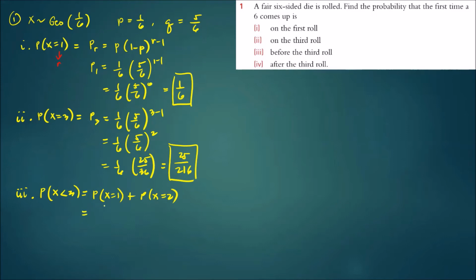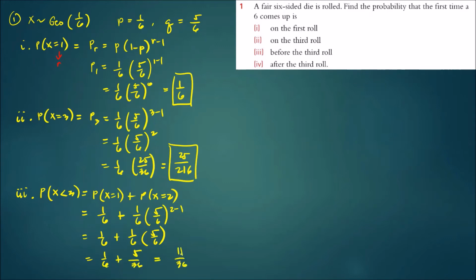The probability that X is equal to 1, we already solved, that is 1 by 6. The probability that X is equal to 2 is 1 by 6 multiplied by 5 by 6 raised to 2 minus 1. So that is 1 by 6 plus 1 by 6 multiplied by 5 by 6, or 1 by 6 plus 5 over 36, which is equal to 11 by 36.